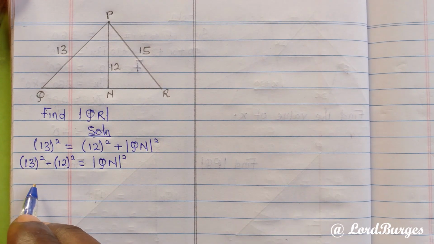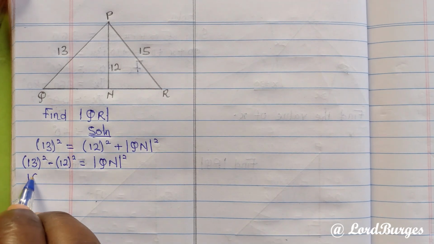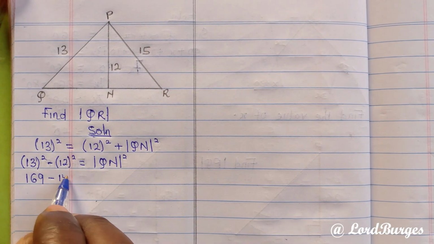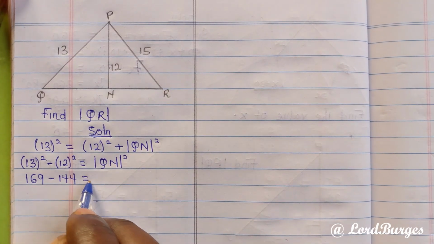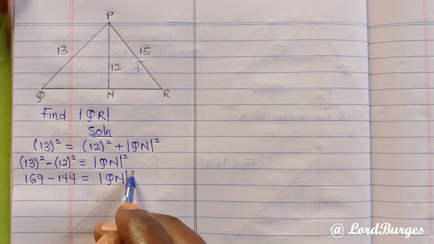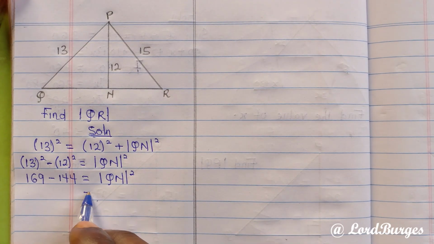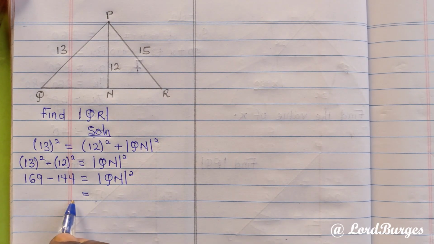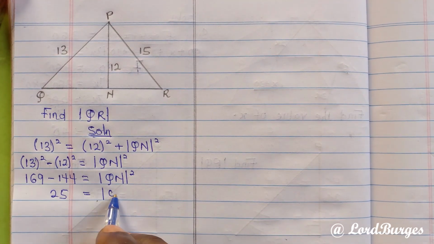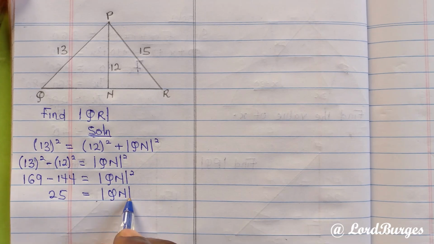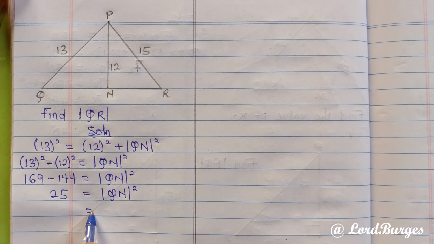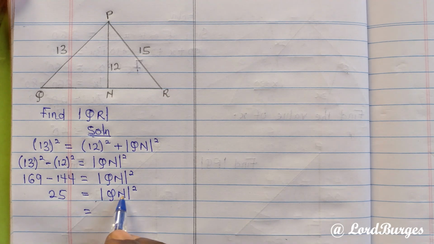13 squared is equal to 169 minus 144 is equal to QN squared. So 169 minus 144 will result in 25, which is equal to QN squared. So I want QN, not QN squared.